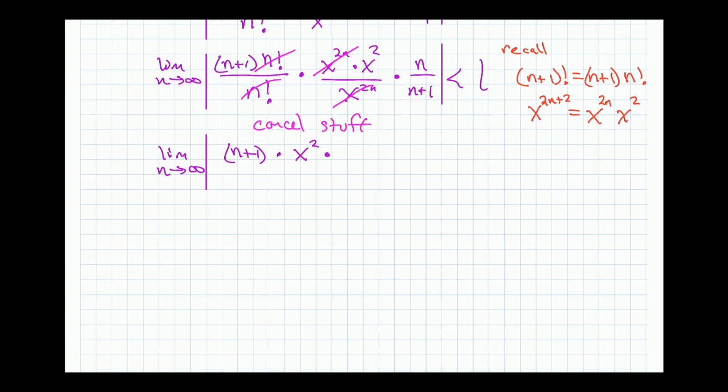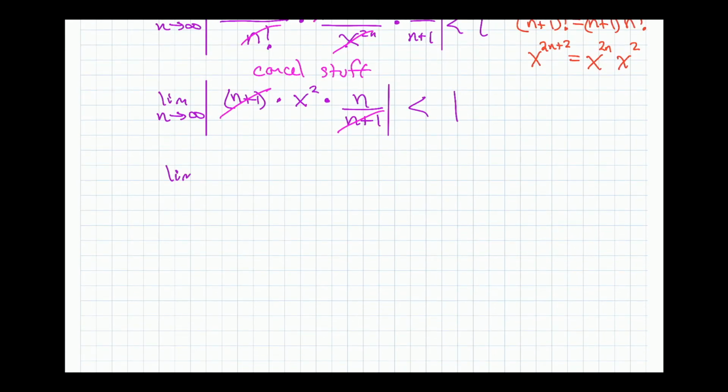And from the third fraction, we have n over n plus 1. It looks like I can cancel one more thing, an n plus 1 and an n plus 1. So I actually have the limit as n goes to infinity of x squared times n, less than 1.